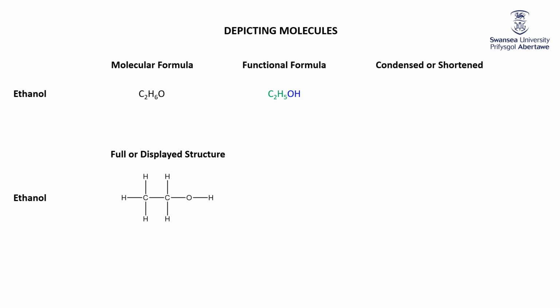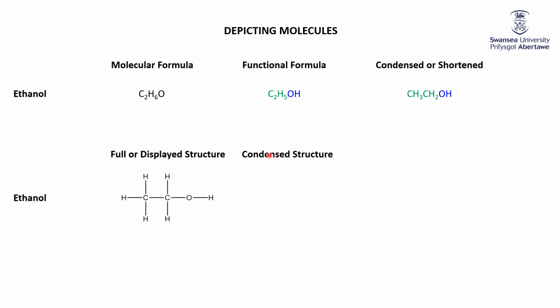We can do the condensed or shortened non-bond structure. So you can see here CH3CH2OH, we're breaking up that C2H5, still emphasizing the presence of the functional group, the OH there. Or we can do the condensed structure, and you can see that some people call this the condensed and some people call that the condensed, which is one reason we don't like talking about the condensed.